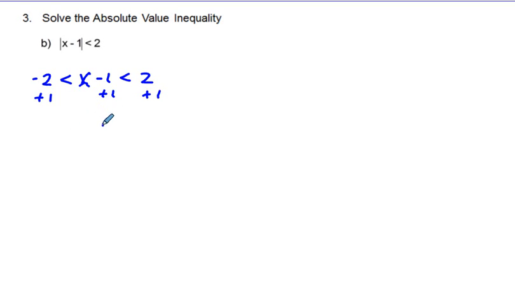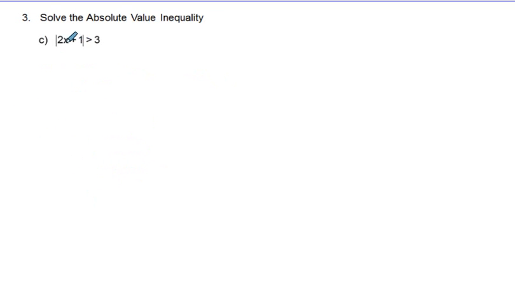So what we have is x is greater than negative 2 plus 1, which is negative 1, and less than 2 plus 1, which is 3. So our solution set in interval notation is going to be greater than negative 1, less than 3. And that's it.